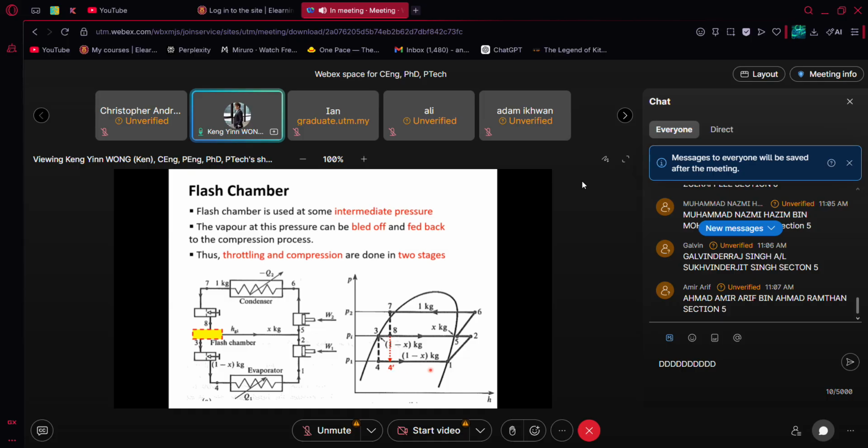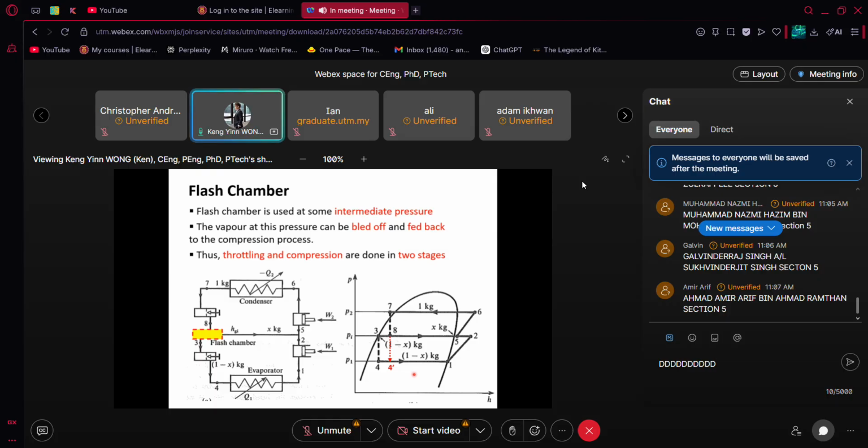So 4 prime to 1, the cooling effect is smaller. But if you use the flash chamber, you can see that 4 to 1, the cooling effect is wider. That's why this is another approach to increase the refrigerating effect.